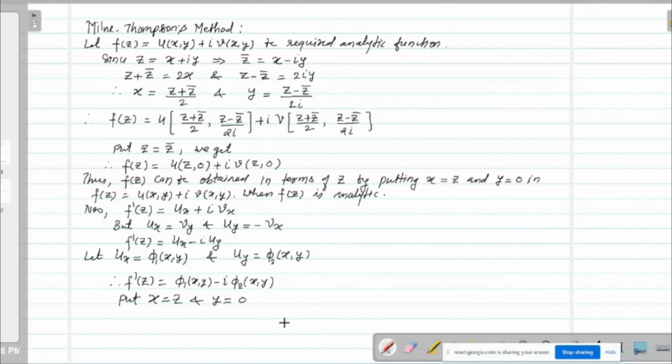So we get f dash of z is equal to phi 1 of z comma 0 minus i times phi 2 of z comma 0. So this becomes a function of z. Now by integrating this, you will get the required analytic function.